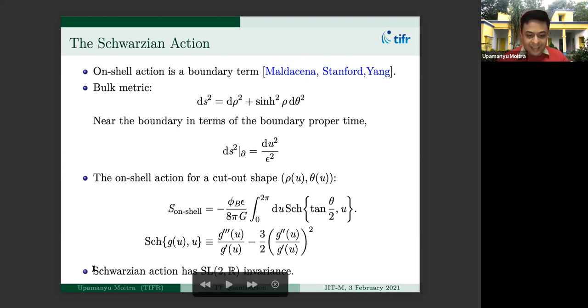So this has the boundary SL(2,R) invariance. So that's all about the classical aspect of JT gravity.